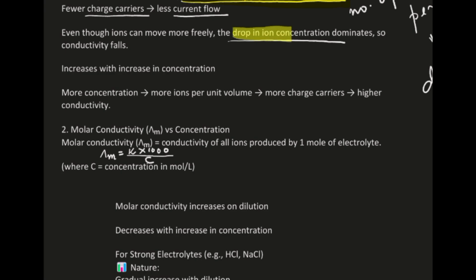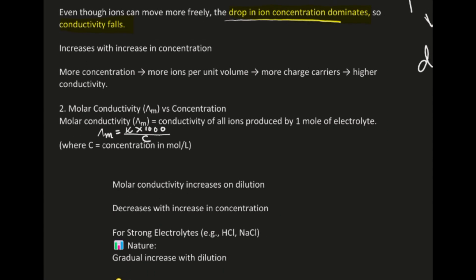So there is a drop in the ion concentration, for which there is a fall in the conductivity. So if it decreases on decreasing concentration, obviously it has to increase on increasing concentration. If I increase the concentration, then more ions per unit volume will be there. Ions are the charge carriers and greater will be the conductivity.